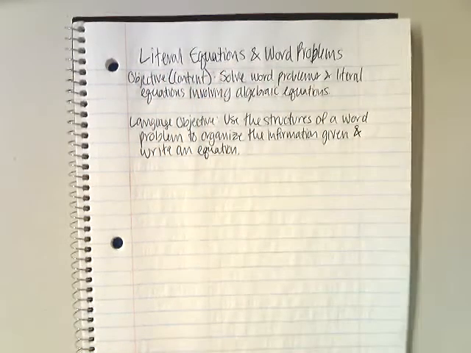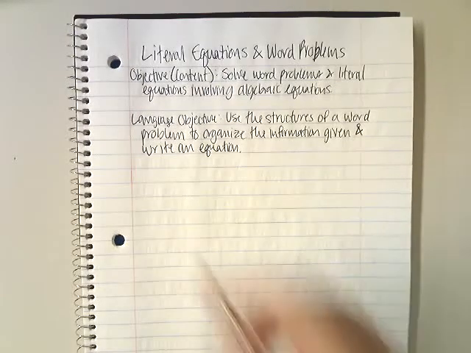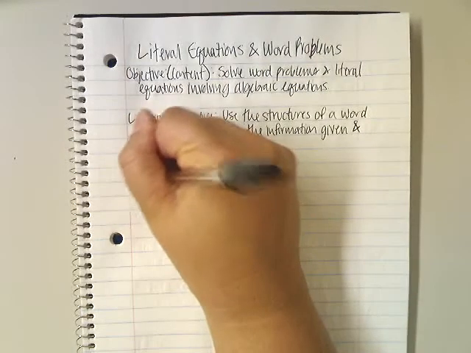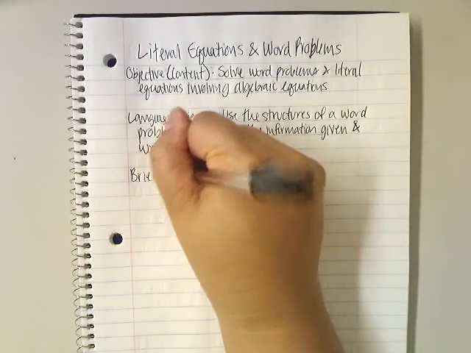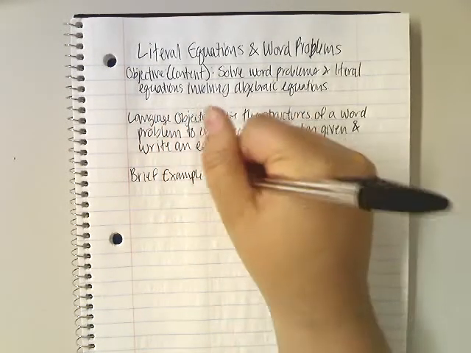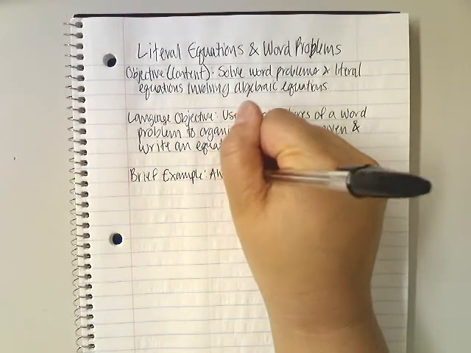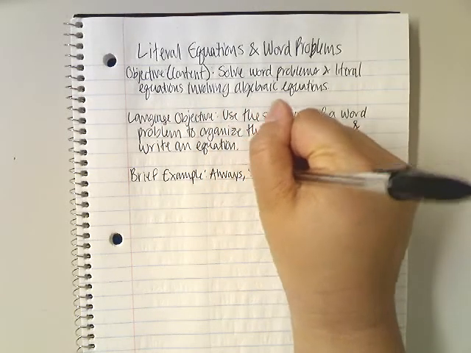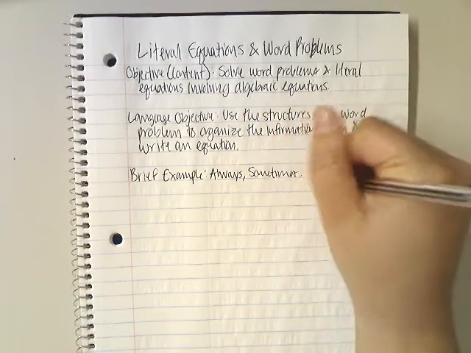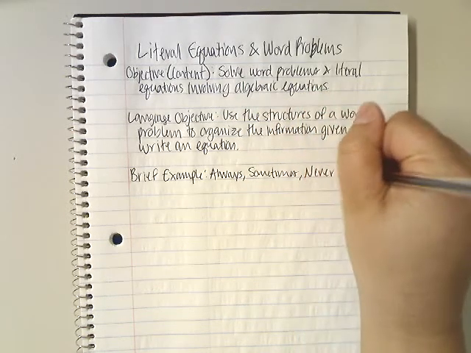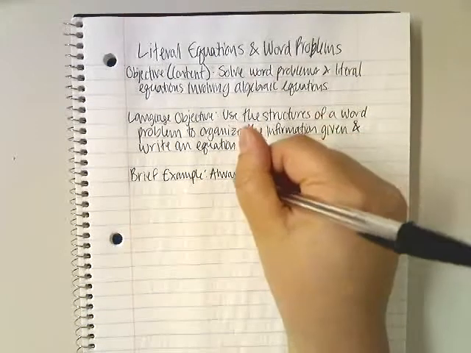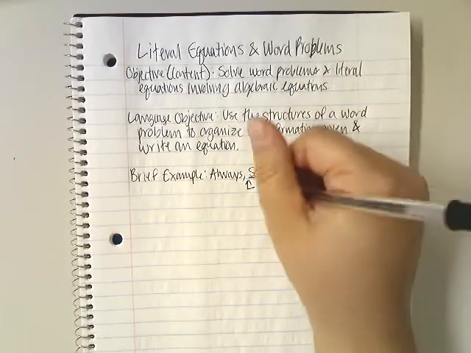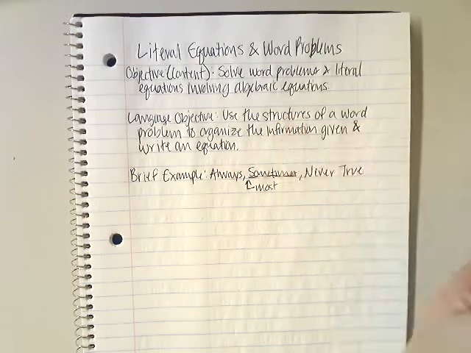So before we jump into all that, I am going to do a brief example on when equations are always, sometimes, or never true. In this class, we will mostly see equations that are sometimes true.